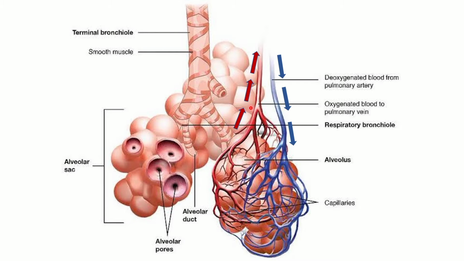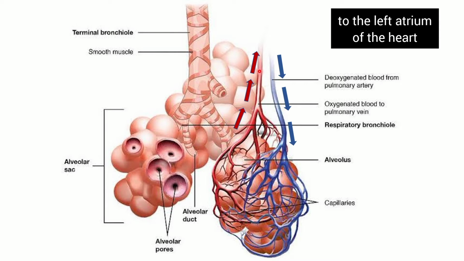Now, similarly, if you see this one, there are capillaries of the pulmonary vein, which is red color, which goes upwards, and this is the pulmonary vein. So for the pulmonary vein, the arrows are shown upwards. That means from the alveoli, the oxygenated blood is carried to the heart. Where exactly? To the left atrium of the heart.